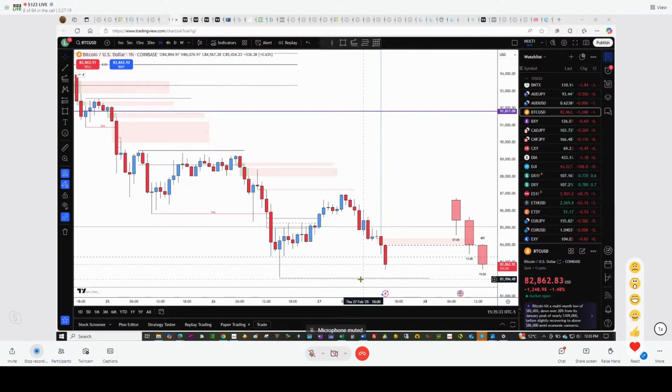And my line is not even correct. Right there we go. So that will give us our structure again: 1, 2, 3, 4, and 5. Take out that low, and possibly take out the bottom of the gap. We could just get a wick here or a tail here that could give us a move back up.